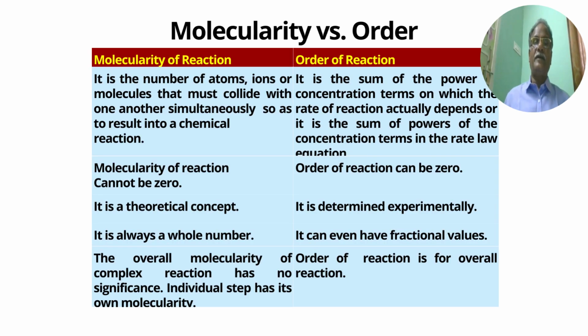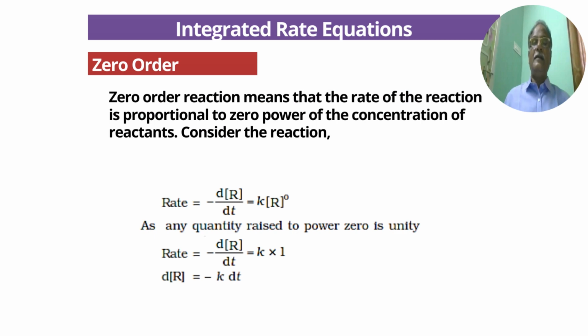These are the differences between molecularity of a reaction and order of a reaction. Integrated rate equations for different orders of reactions. Here in this slide we have shown the derivation of the integrated rate equation for a zero order reaction.